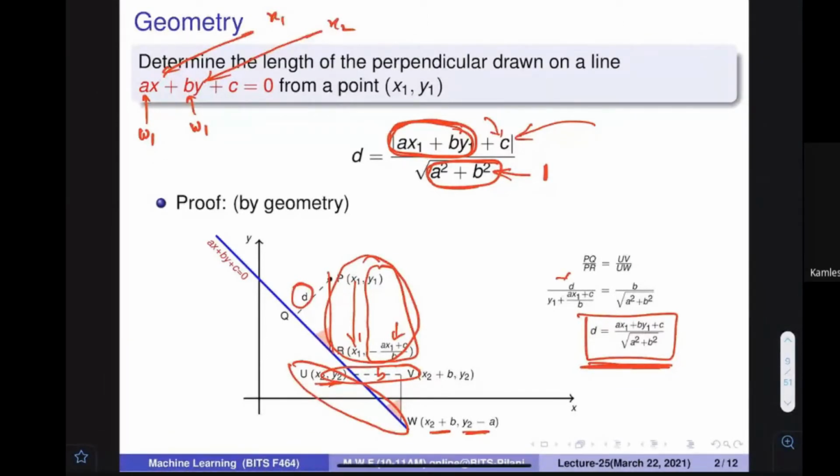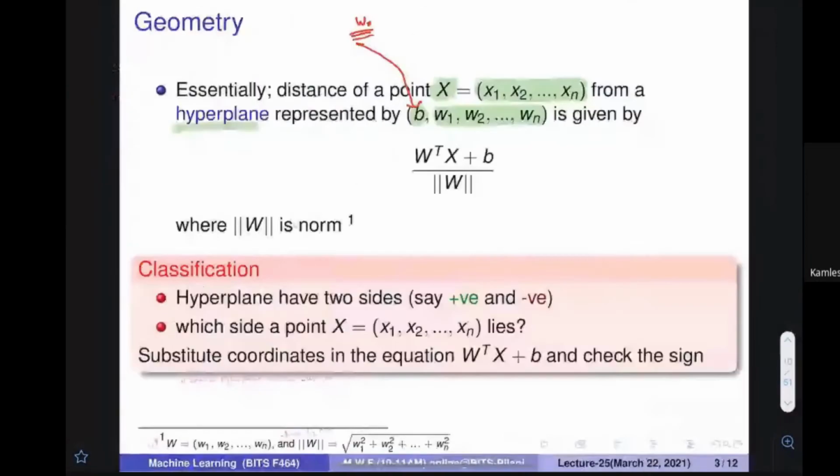But here in this class today, whenever I refer to W, it is going to refer only to these values. Make sense? Okay, be aware of that. So W is these n values, and the W0 term that we were talking about earlier, we are going to call it B.